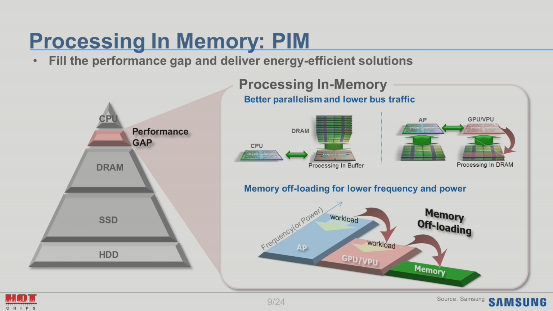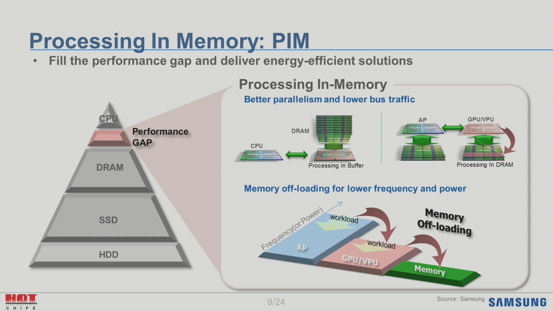In the picture on the right, there are two approaches, namely processing in buffer die and processing in DRAM die. The first approach is suitable for the server or cloud system because it has better parallelism. And the second approach is suitable for the client segment, like the smartphone or virtual reality device, because of lower power by using low burst traffic.